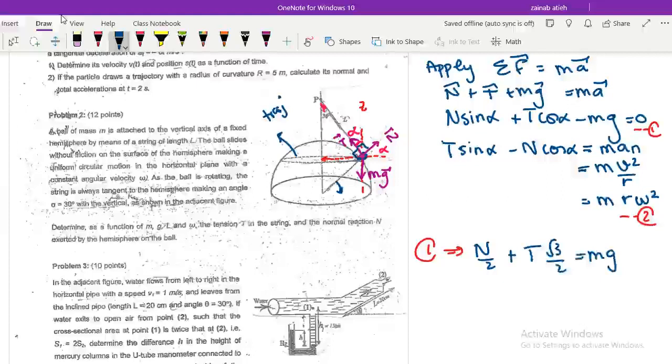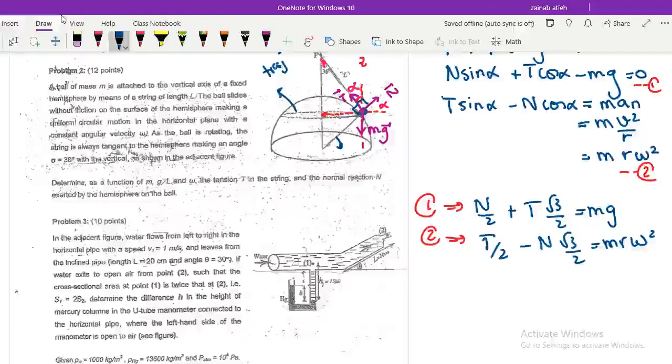This is the first equation, and the second equation will give me equation 2. I will keep it as it is: T over 2 minus N cosine 30, which is radical 3 over 2, equals m r omega squared.